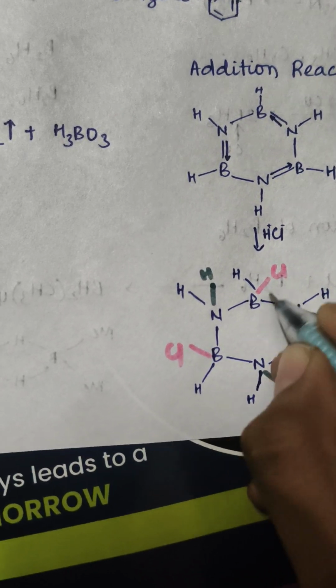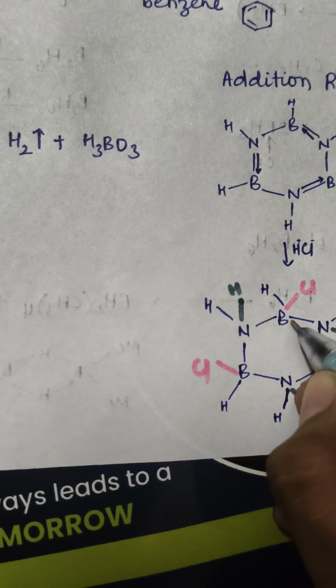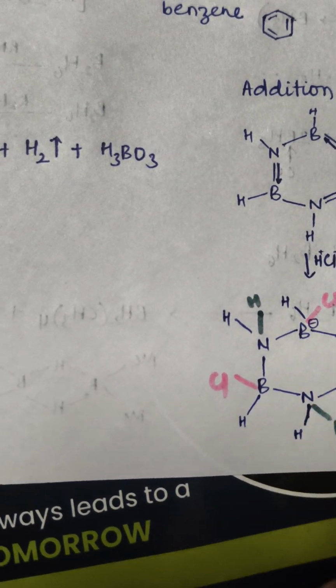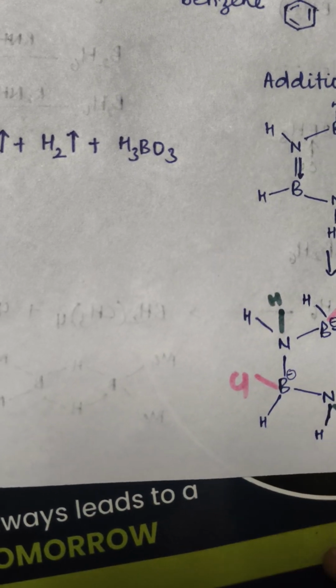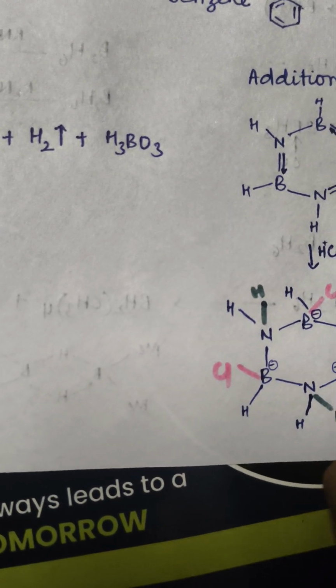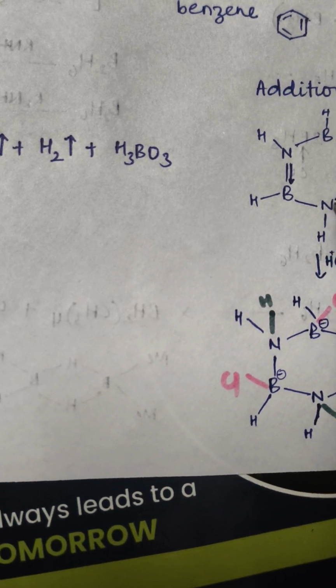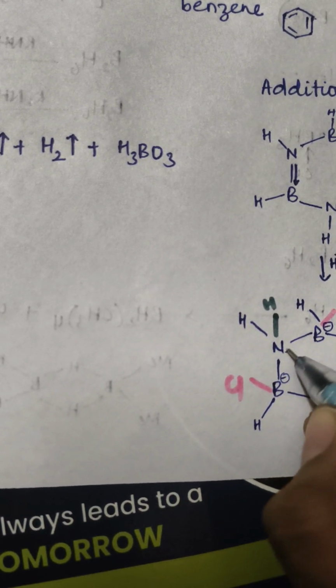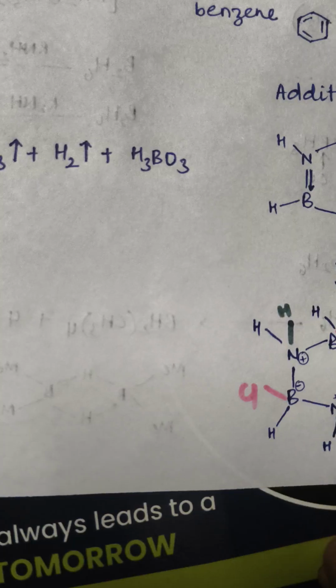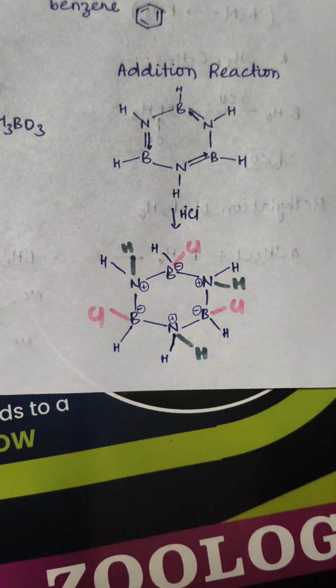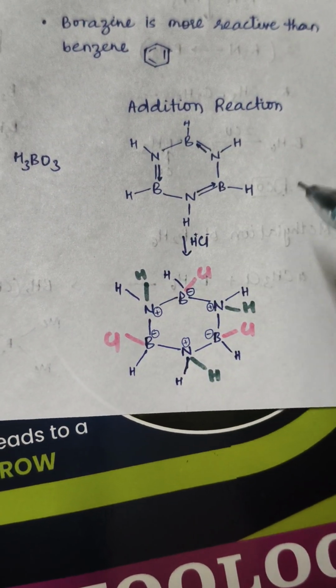Basically this Cl minus will go to boron, and H plus will go here. So this is how the addition reaction looks like.